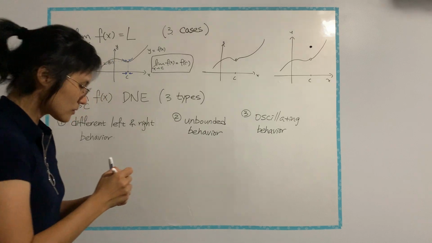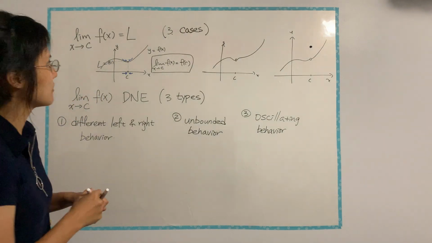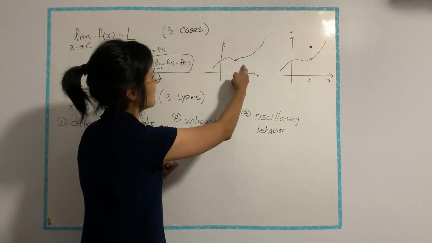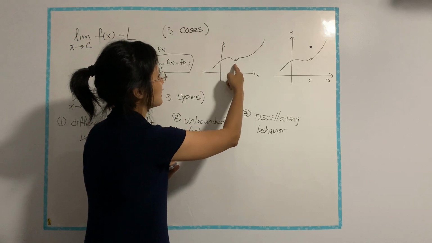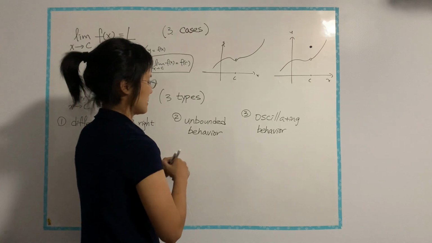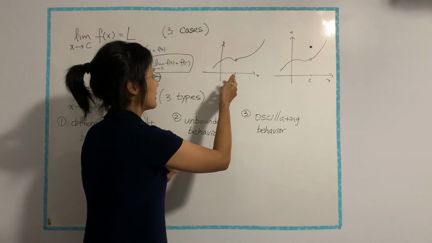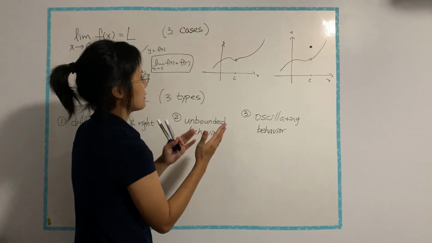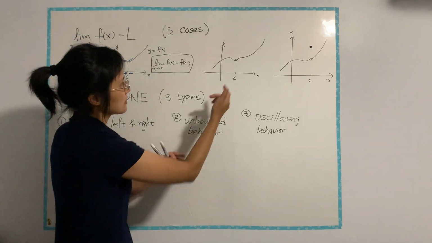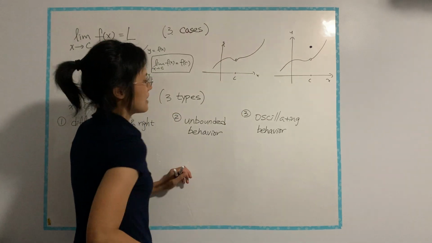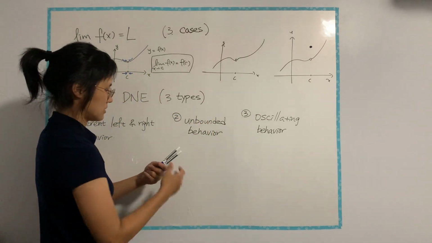So here we have case number 2. This function is not defined at x equal to c. So we don't have the notion of f of c. When x equals c, I do not have a corresponding value.